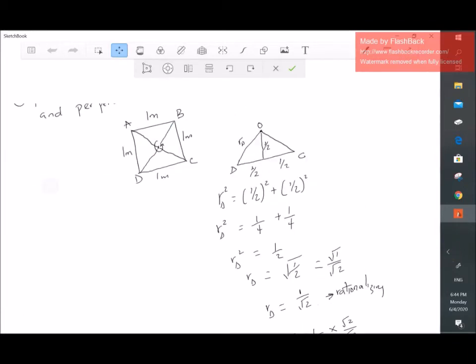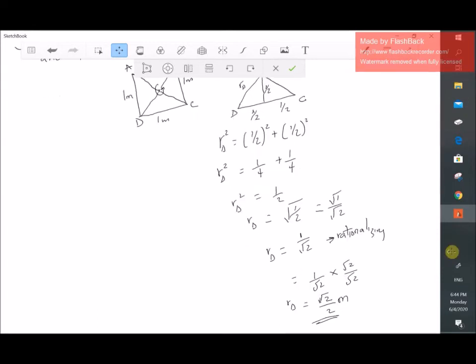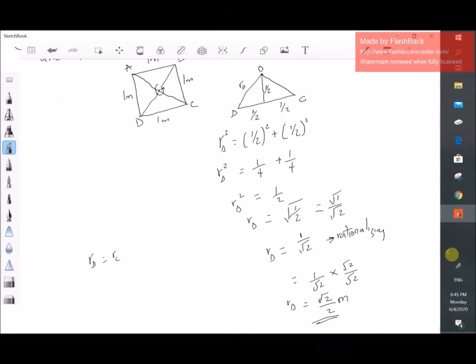So the distance from D to the center and from A to the center is root 2 over 2. So I can say RD equal to RC equal to RA equal to RB is root 2 over 2 meters.